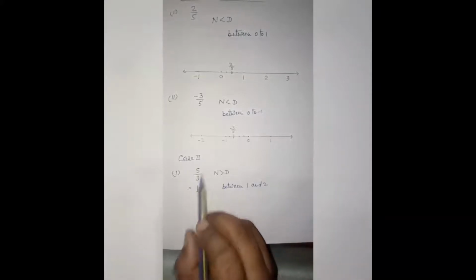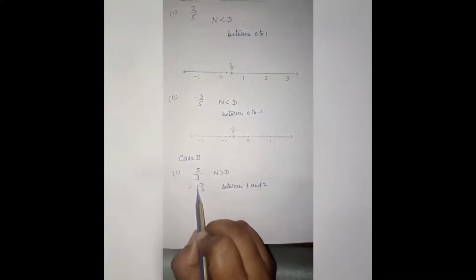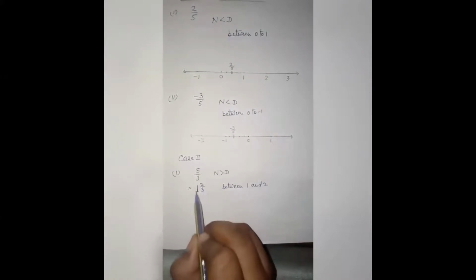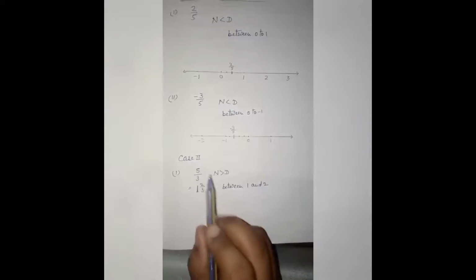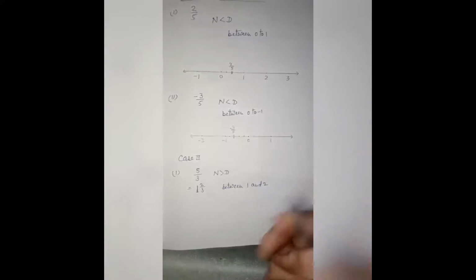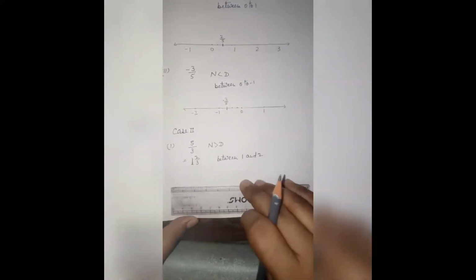First convert it into a mixed number, which is 1 and 2 upon 3. So this rational number will come between 1 and the next number, 2. How will you show this? I tell you. First of all, you will draw a number line.